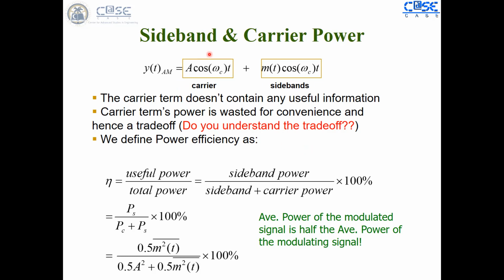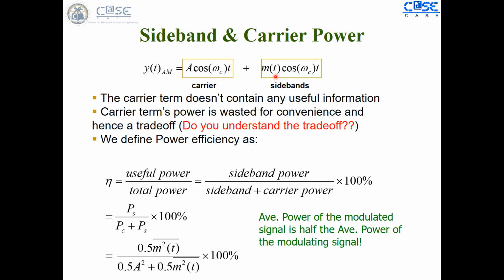We have two terms in the modulated signal spectrum. One is the carrier term and the other one is the double sideband modulated term, and we call it sidebands in short. We would like to see how much power is there in the sideband compared to the power in the carrier term.